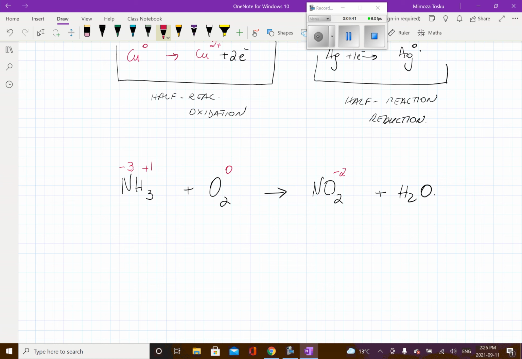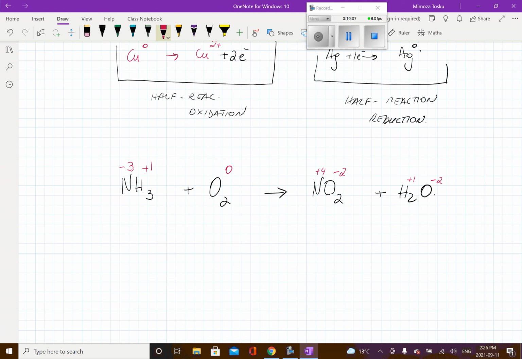So -2 times 2 will be equal to -4, and in order to make the nitrogen dioxide 0, we have to make the nitrogen +4. And for water, oxygen is -2 and hydrogen is +1 to make it equal to 0.